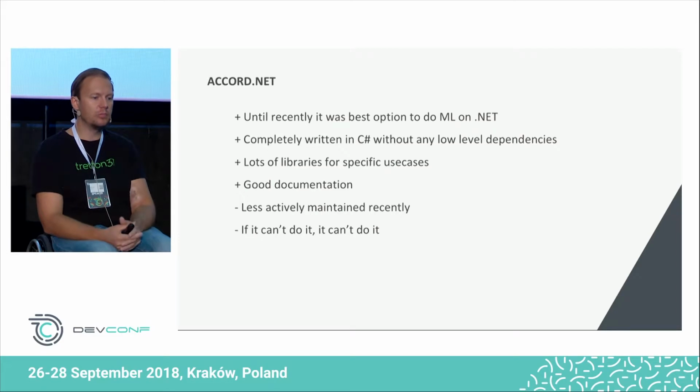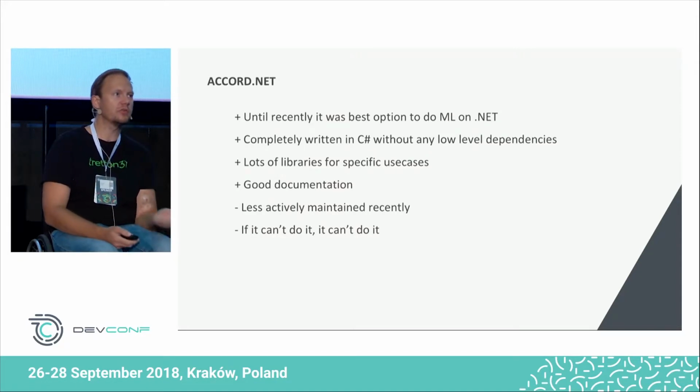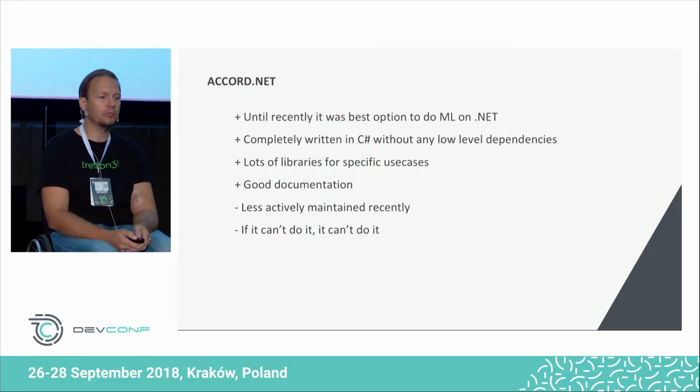It has quite good documentation, but it hasn't been maintained that much in recent months. And if it doesn't have a library for something, it's not very extensible. It's not easy to build your own calculation models like in TensorFlow, for example. So it's a solid library for the things it can do, but it's not very extensible.